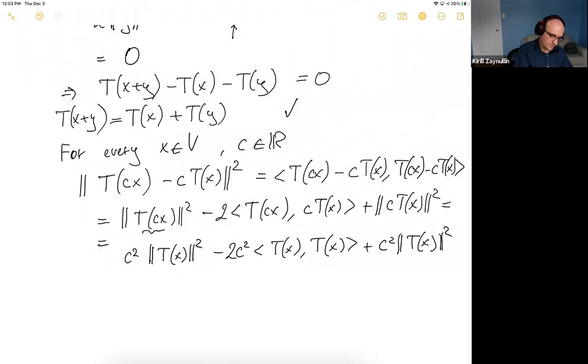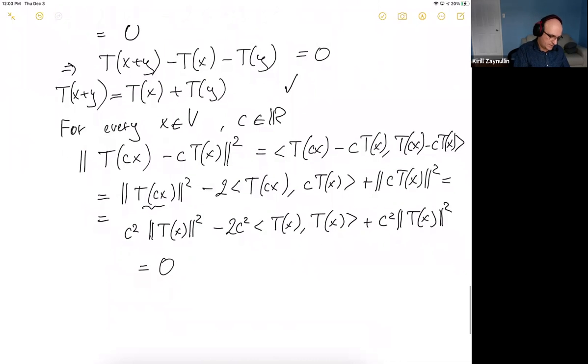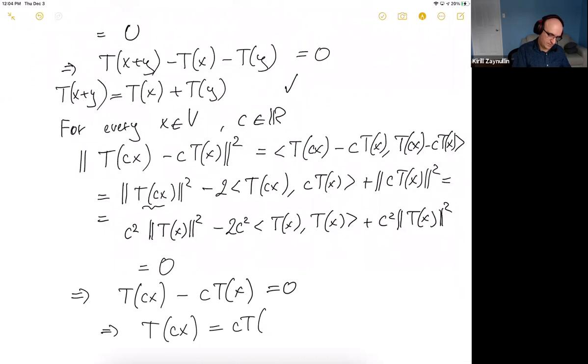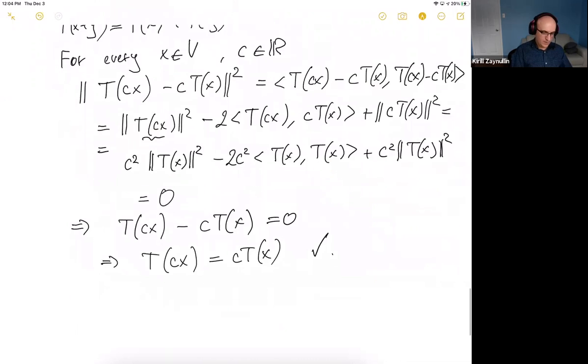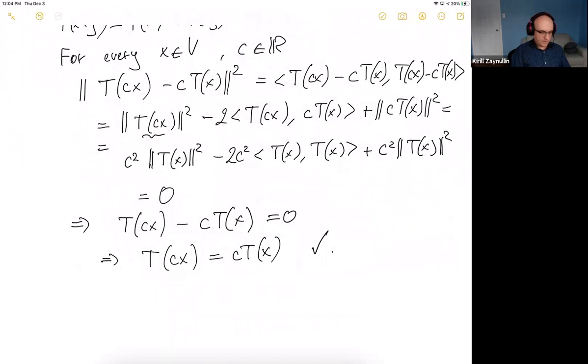We see that eventually it gives us 0 again. So again, by the same argument, we obtained that there's a certain vector such that the square of its length is 0, so the vector itself must be 0. So T of cx minus c of Tx is 0. And therefore we finished checking the last property for being a linear operator. Okay, so T is a linear operator, and as I said, we already checked that it is orthogonal, so it is an orthogonal linear operator.